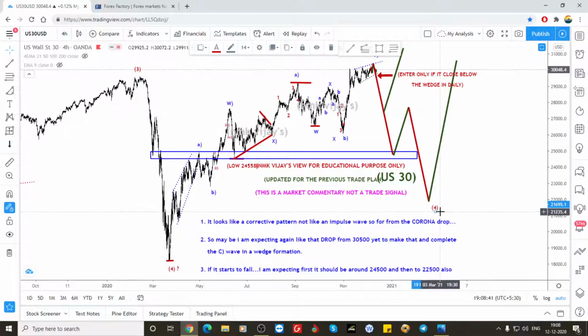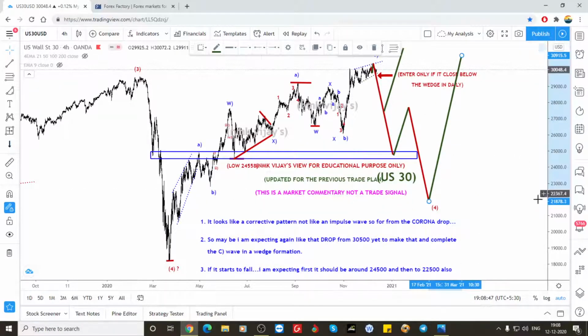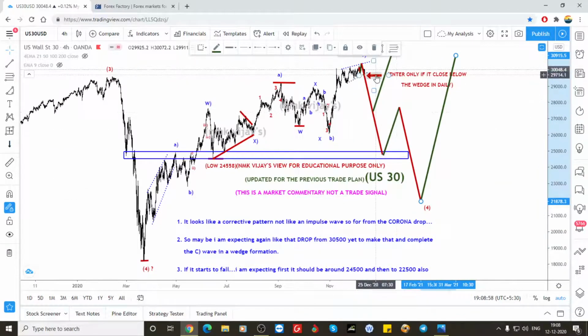So this could be a fourth wave as a running flat, and then it has to shoot from here, or it could make a triangle in the fourth wave. In that case, this could be B, C, D, E, and then again short. So it will be a very longer term trade. So first we will wait for this drop.